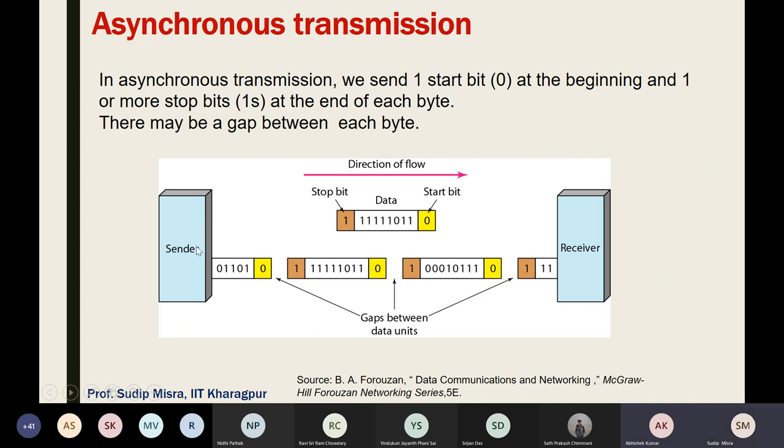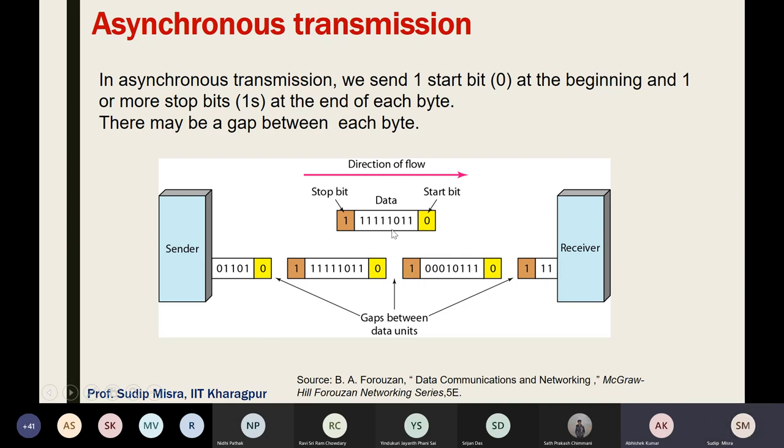If this is the direction of the flow of the data, you have chunks of data preceded by a start bit, and then it ends with a stop bit. The start and stop bits determine the beginning and the end of the data. So this is how it looks in asynchronous transmission.